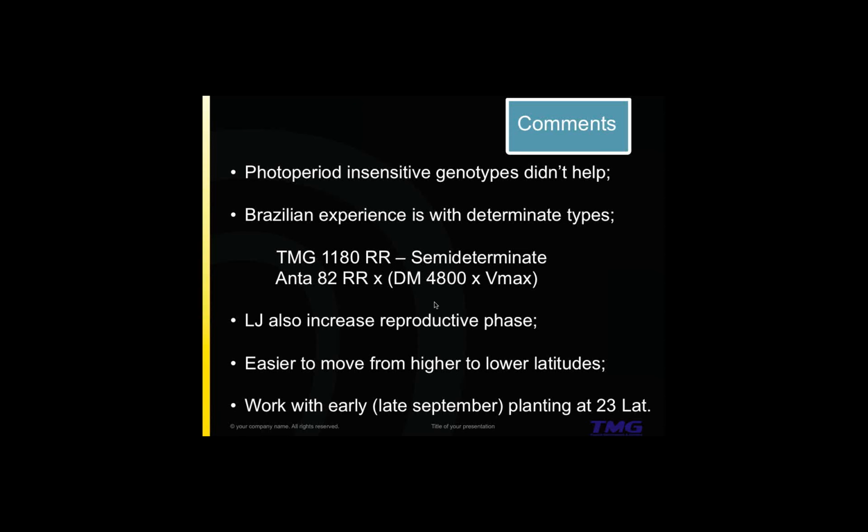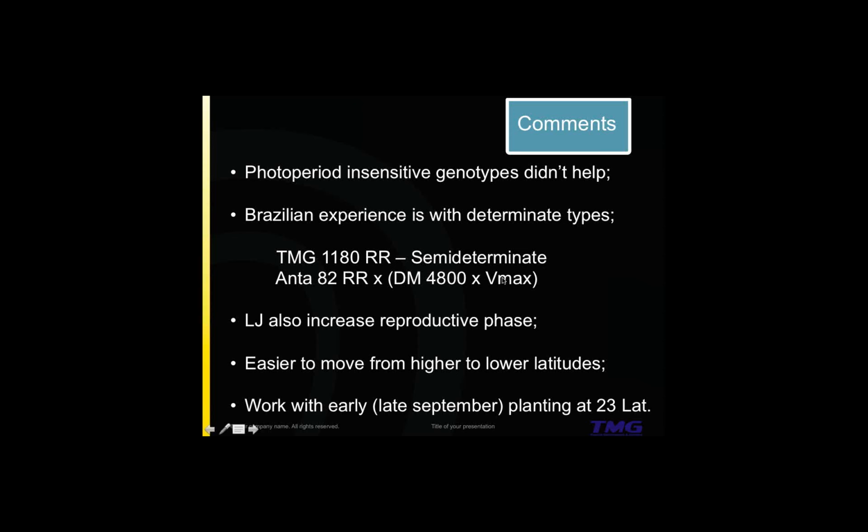And pay attention that this comes from a cross with another Argentina variety at 4.8 maturity group, and VMAX, which is a conventional variety here from Syngenta, also for southern Brazil, and it's a 6.5 maturity group.